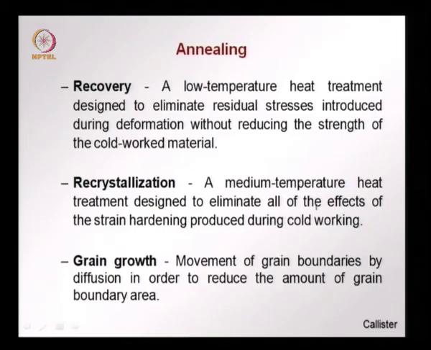Recrystallization is a medium temperature heat treatment which eliminates all the effect of strain hardening that were produced during cold working. Grain growth is where through diffusion we make the grains larger, we move out the grain boundaries, and therefore, there is a reduction in the amount of grain boundary area, and the system also decreases the energy and becomes more stable.